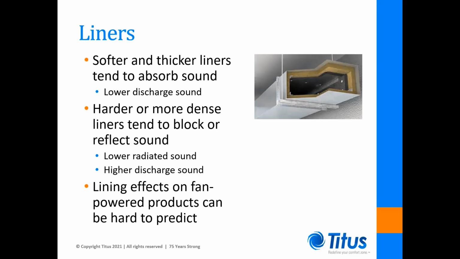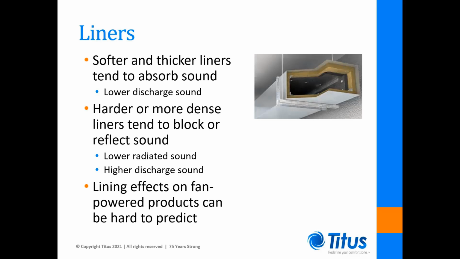When looking at single duct and dual duct terminals, the softer and thicker the lining is, the more sound absorbent it'll be. This can lower discharge sound levels and make optional attenuators more effective. In these same units, harder facings and more dense liners can block or reflect sound. This can result in lower radiated sound levels, but it can also make optional attenuators nearly or totally ineffective.